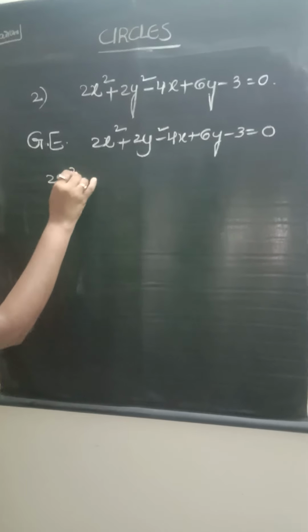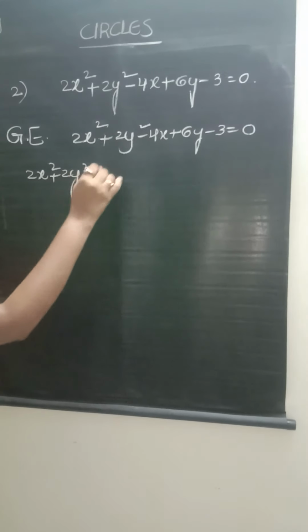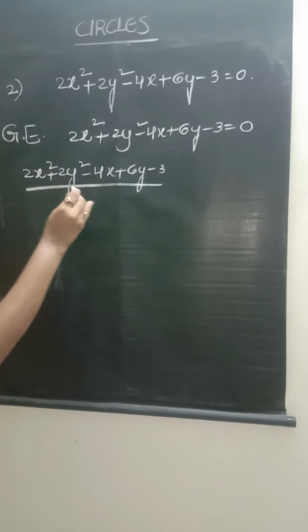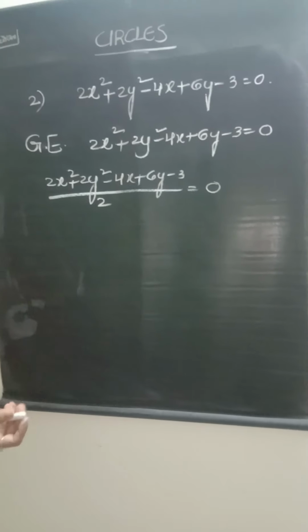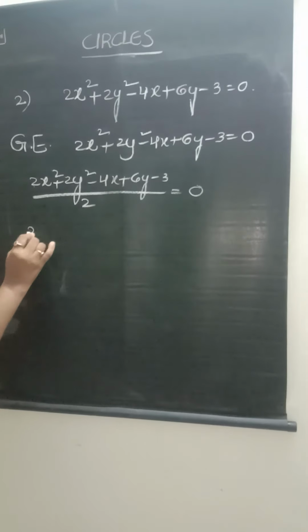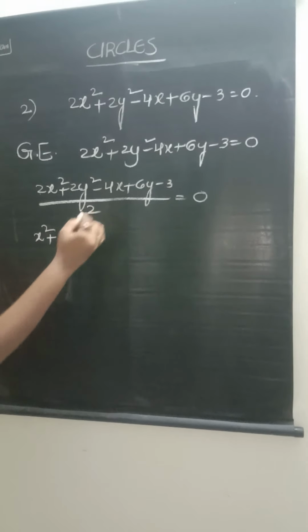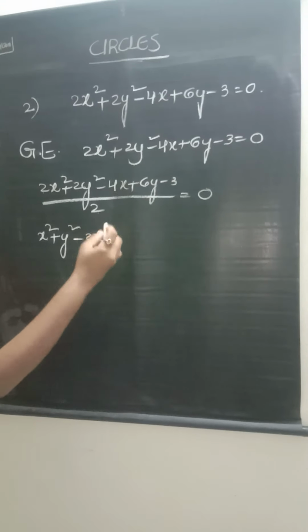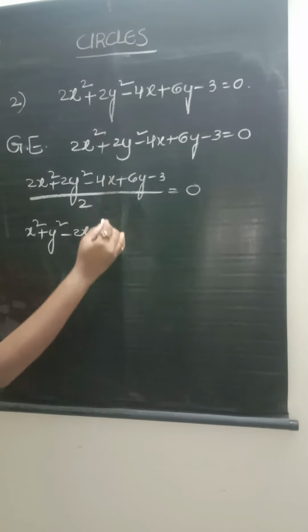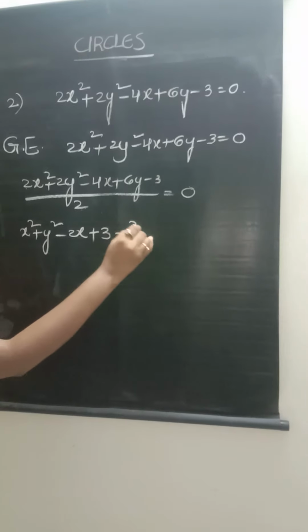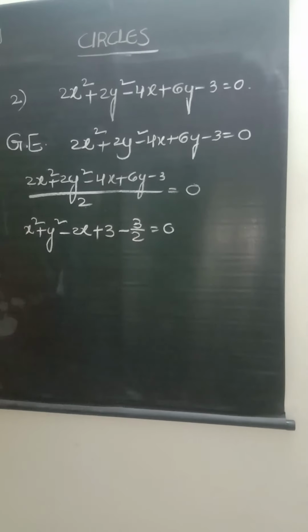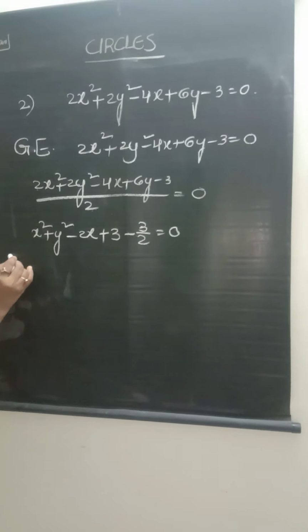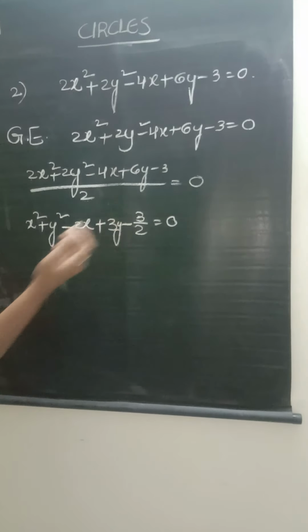That is 2x square by 2, x square, plus 2y square by 2, y square, minus 4x by 2, minus 2x, plus 6y by 2, 3y, minus 3 by 2, equal to 0.